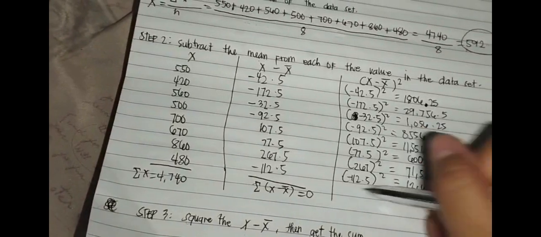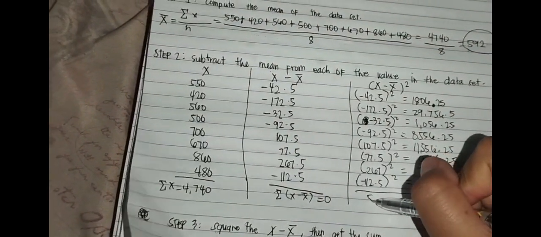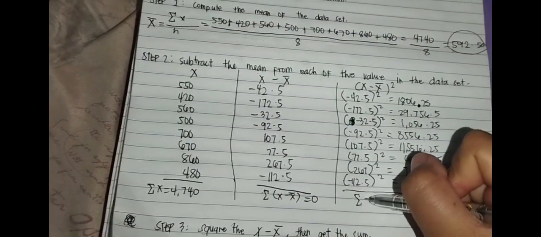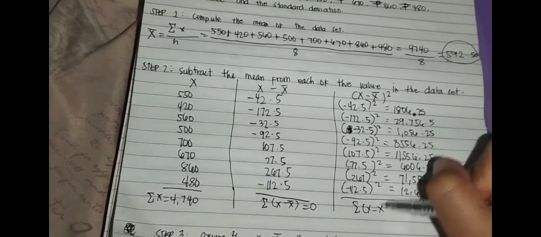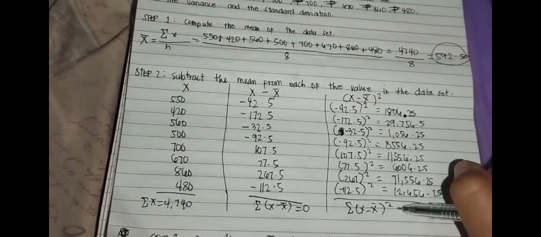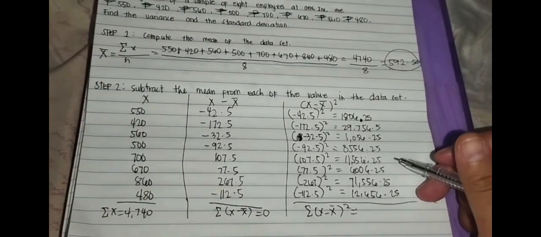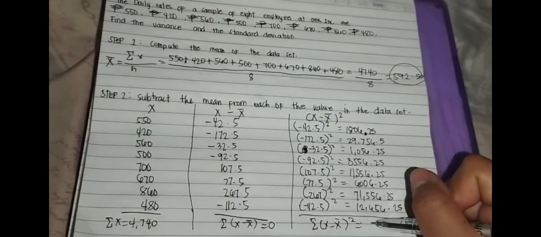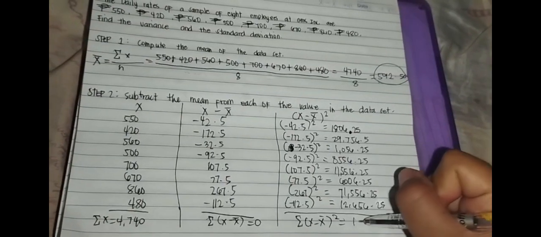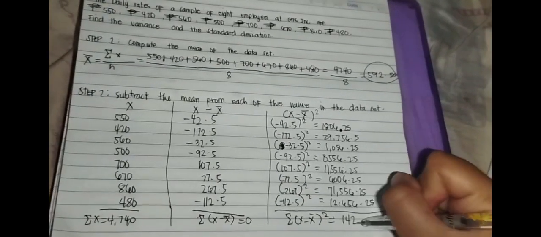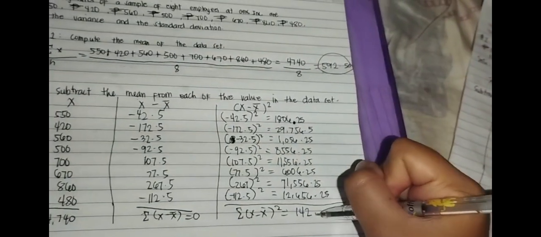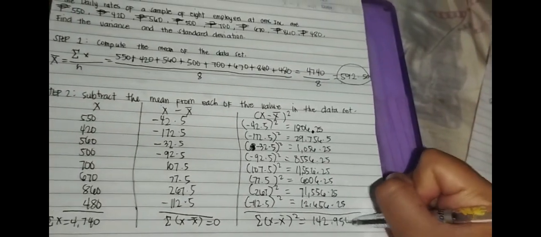So, ang magiging x minus x-bar squared. Ayan po, ang magiging total po nila ay 142,950.